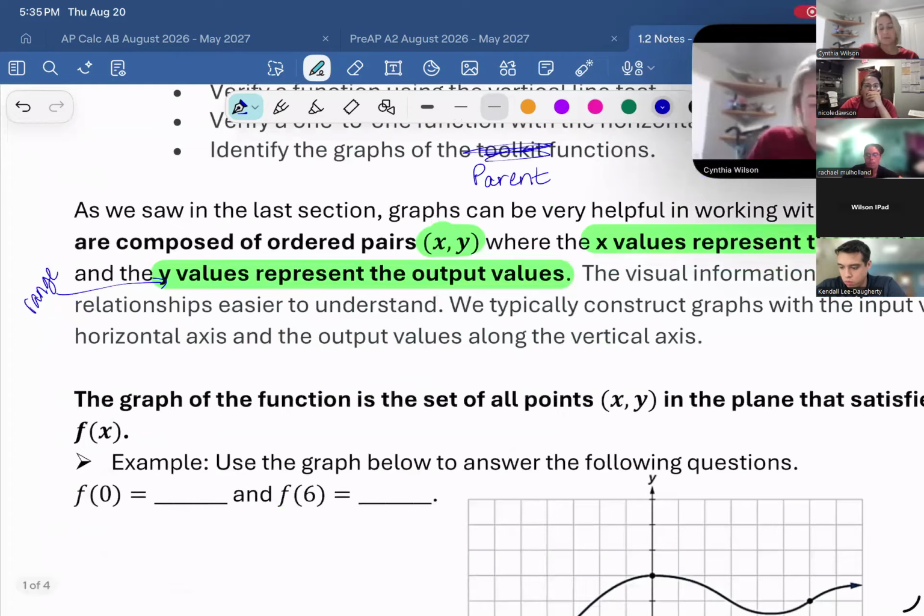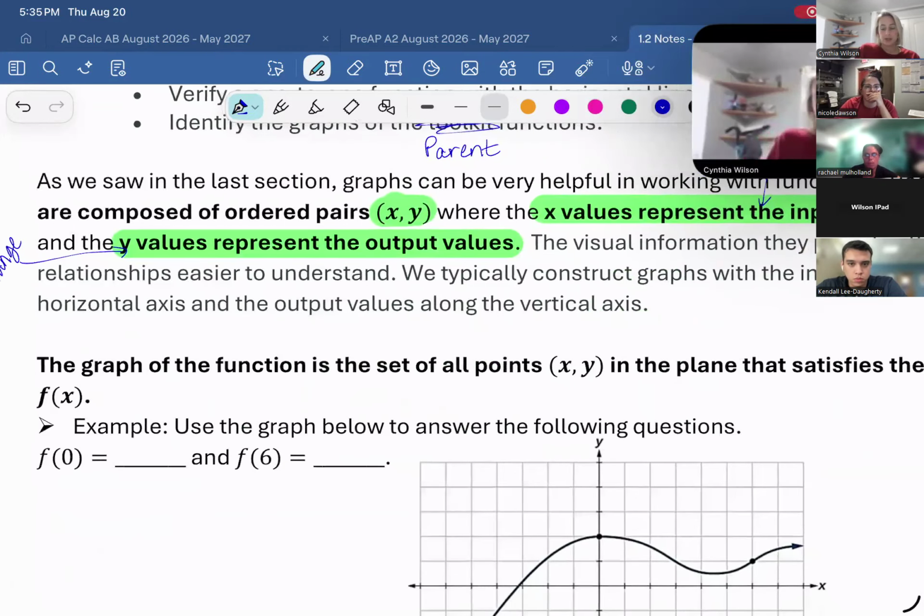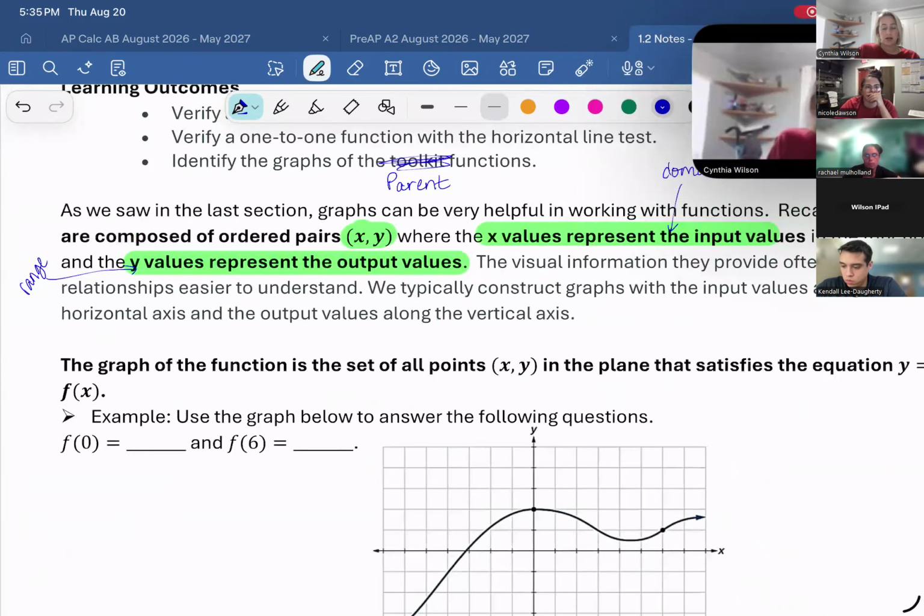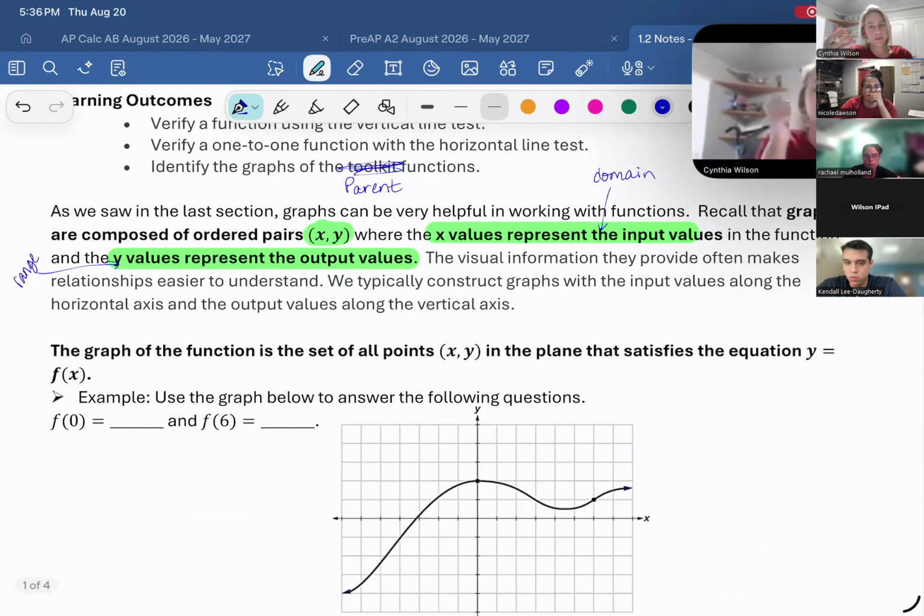The graph of the function is the set of all points x and y that satisfies the equation y equals f of x. So it's every point that makes your rule work. When you plug in an x, you get out a y. It's going to be all of those points.